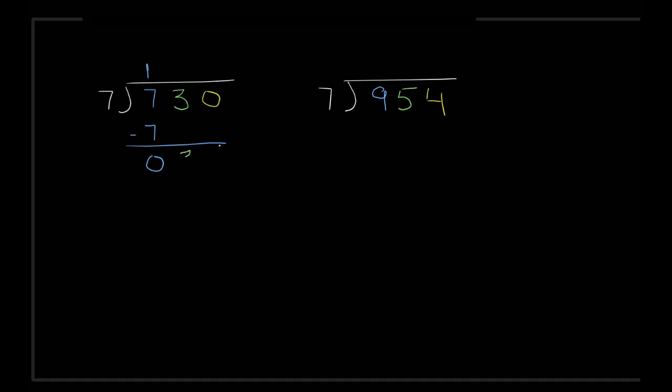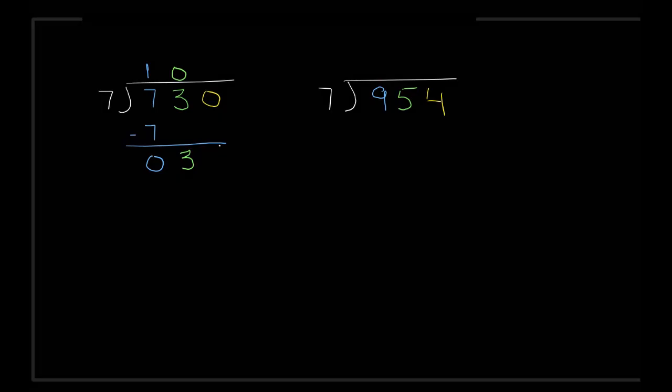So now you have 3 tens over here. Well, you can't give any tens to the children because you only have 3 tens and 7 children. Like if you had 3 chocolates and have 7 children, you couldn't give a chocolate to a child. Similarly, if you have 3 tens, you can't give a 10 to a child. So we remind ourselves that we couldn't give any 10 to a child by writing a 0 over there.